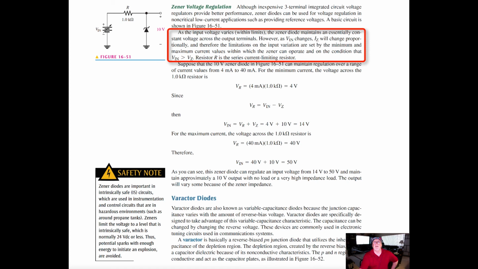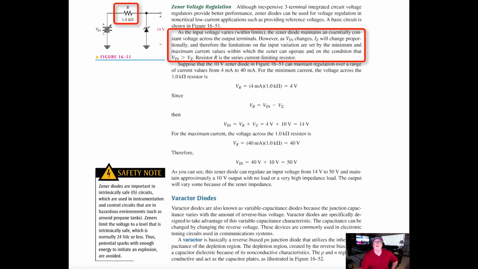However, as V_IN changes, I_Z, the Zener current, will change proportionally. Therefore, the limitations on the input variation are set by the minimum and maximum current values within which the Zener can operate, and on the condition that the input voltage V_IN is greater than V_Z.